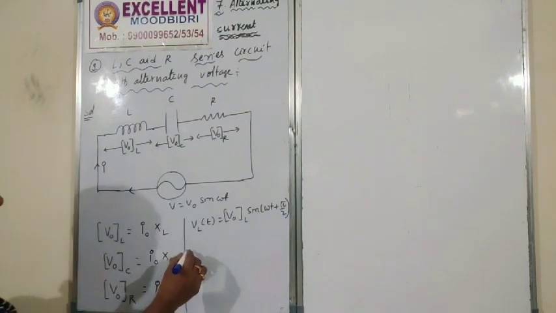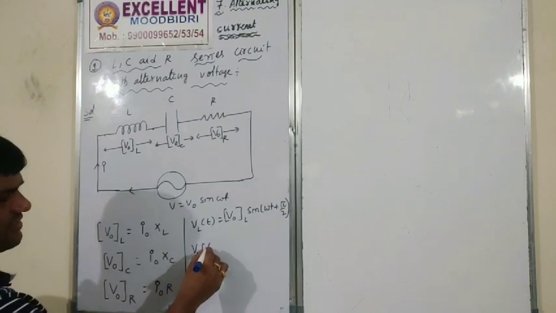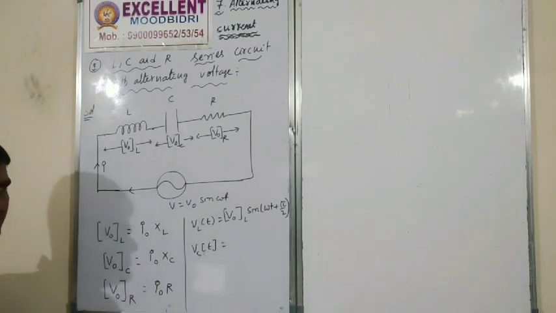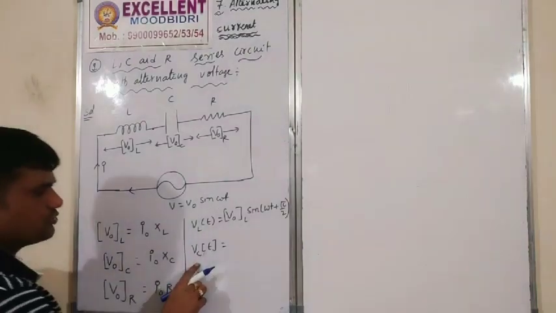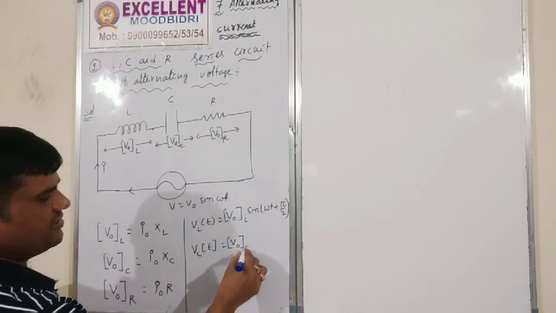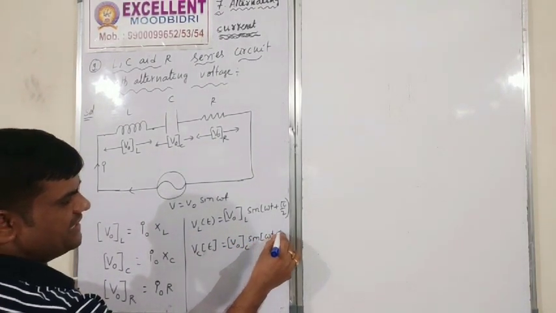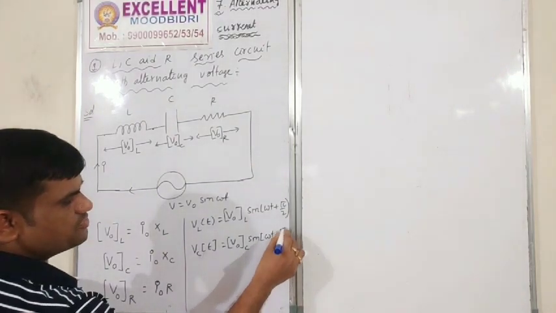Similarly, VC with respect to time is V naught C into sine omega t minus pi by 2.